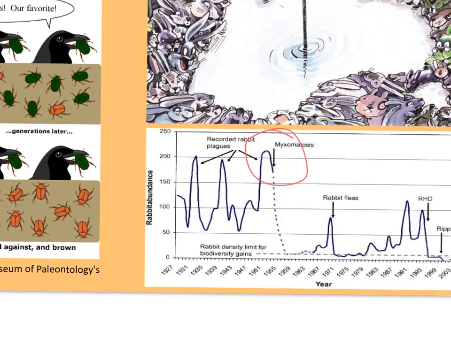Along the bottom, the x-axis is years. So it was released in the late 50s. Rabbit abundance: now there were a lot of things going on with rabbits, but a lot of rodent populations tend to fluctuate because they overrun their food supply. Anyway, what happened? The population crashed.